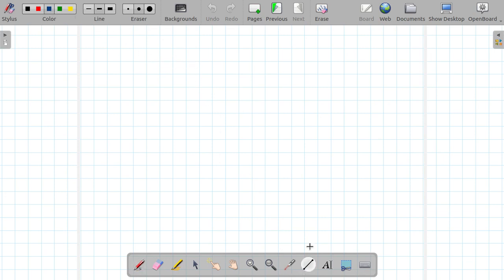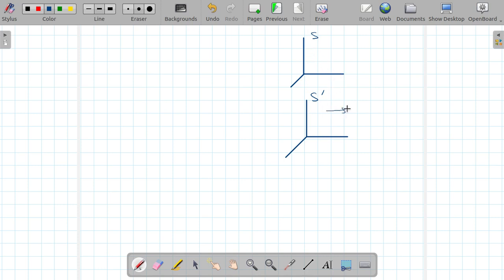So suppose there are two frames of reference. One frame of reference is this, and another frame of reference is this. Let us call this the S frame and this the S prime frame.